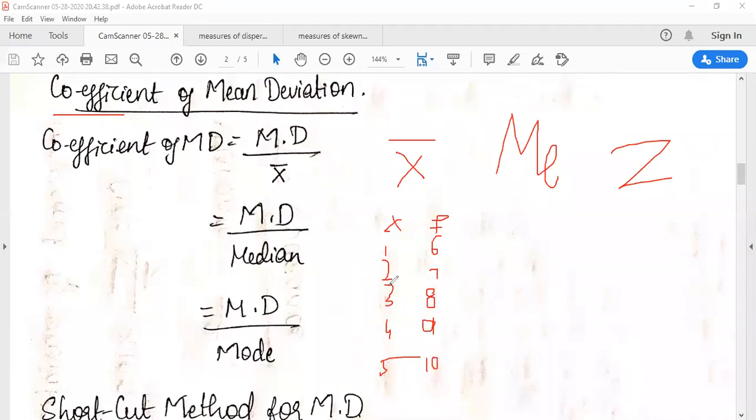Here the highest value is 10, no doubt. But the difference between the highest and the next highest is very small. So you cannot clearly say the mode value is 5 with the highest frequency 10.